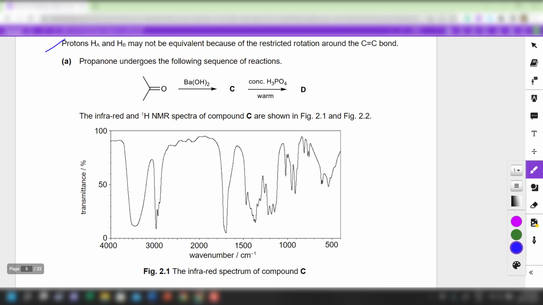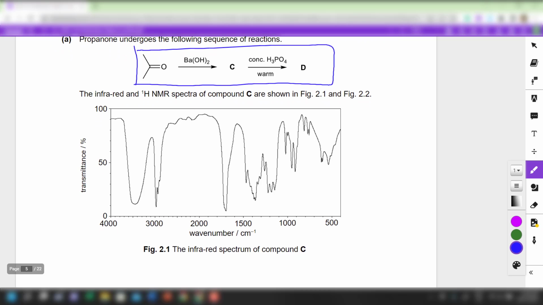And then of course, the presence of concentrated phosphoric acid is likely to be some form of dehydration reaction. But again, you are not supposed to know this reaction by any means for H3. So do not second guess what is likely to take place, although you can have some idea, but the best way to go about doing this question is really to work through the spectra.